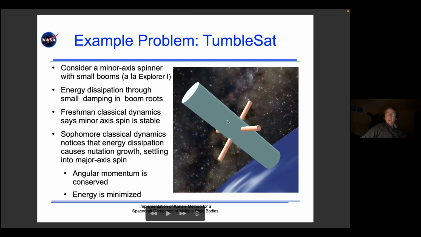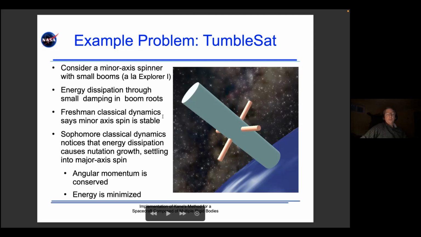But it had some wire antennas, which I have modeled here in some fashion. It's just these pinkish bars. And I've put some flexibility in at the joints between the main body and these small bodies with some damping. So there's a little bit of energy dissipation.